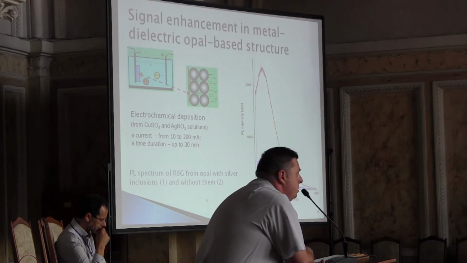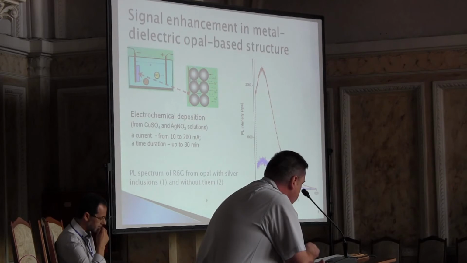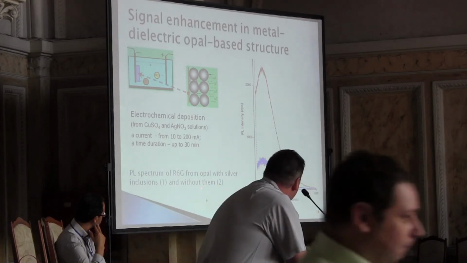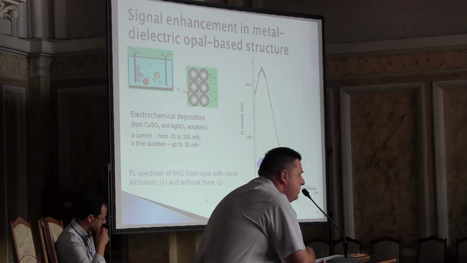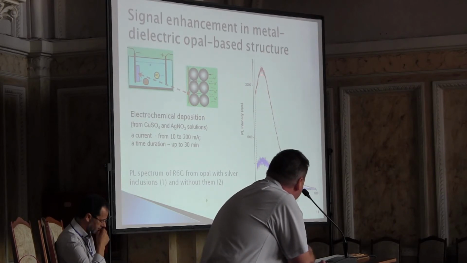We prepared these structures in order to use them in future as surface-active structures, and a previous result of our investigation is enhancement of photoluminescence of rhodamine 6G in such metallodielectric structures. We have enhancement up to 4 times.